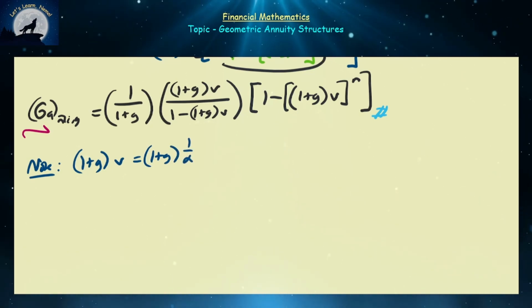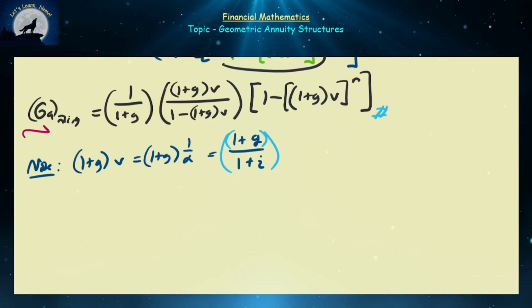And alpha is just 1 plus i, so this is actually just (1 plus g) all over (1 plus i). If g is equal to 0, then this is just equal to our discount factor nu, right? But this nu depends on g, so this actually has a name.